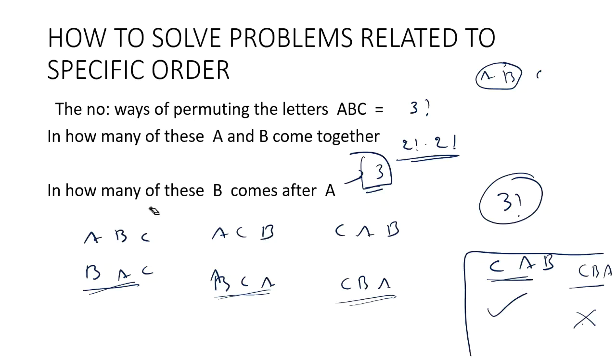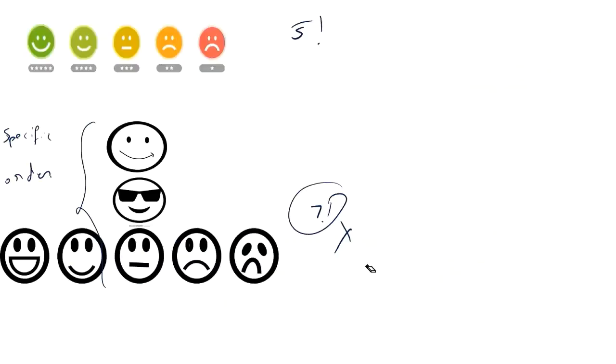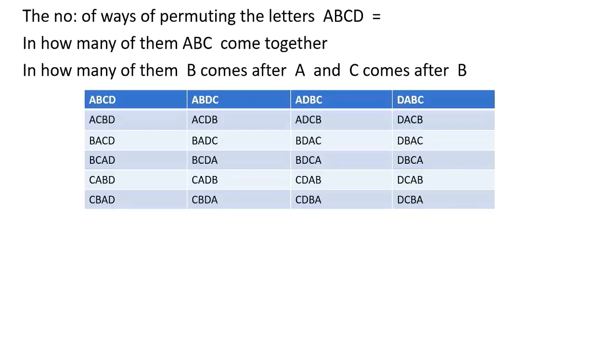Therefore the total number of arrangements in which B comes after A is going to be 3. So the answer for this question is 3. Since we have only 3 objects, I can list down all the permutations and search for the required permutations. Now what happens if you have 4 objects?